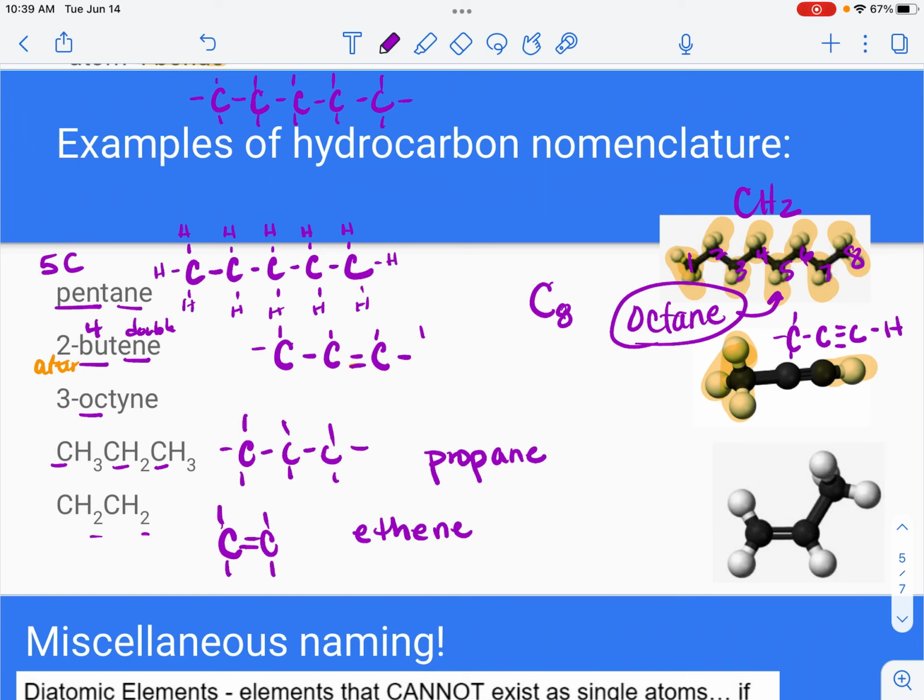And now technically, I'm going to start at the lowest numbering system, which would be from this end. And so I don't have to tell you where the triple bond is. This would be ethyne. Okay, I know that you wanted to do like 2-ethyne, but it's really after the first one, and it doesn't really matter because I can flip it over and get the exact same thing.